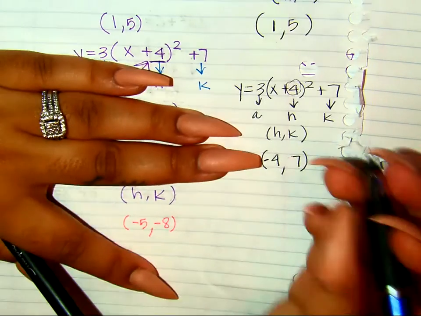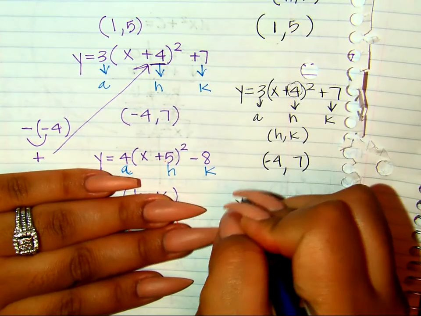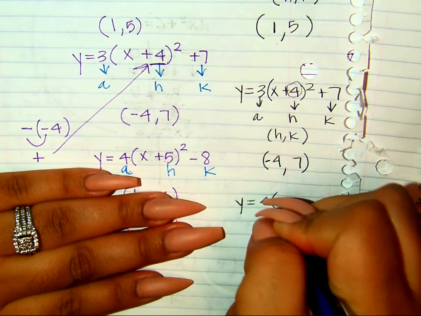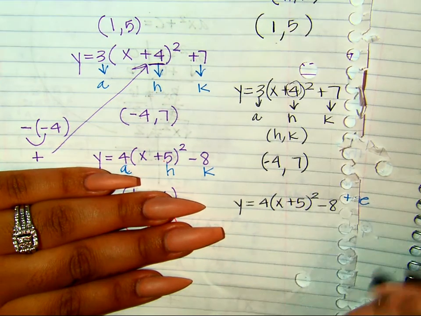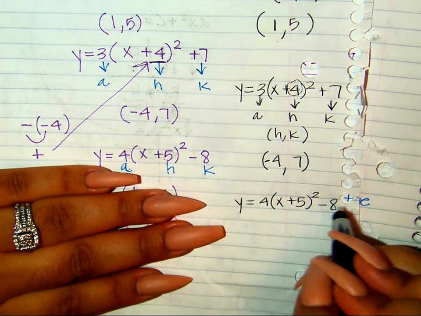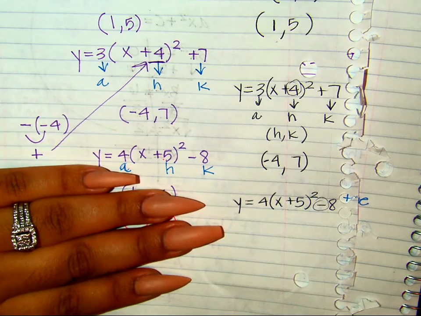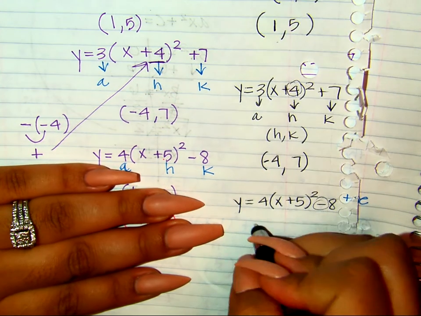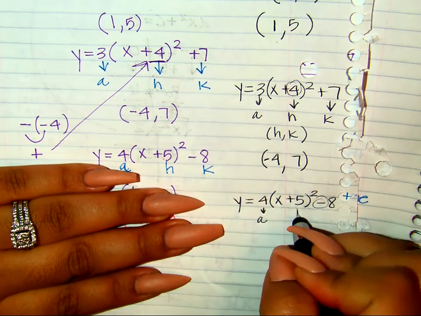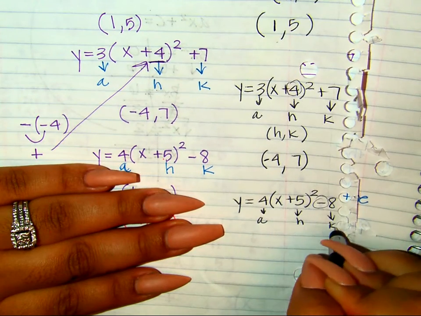All right, and last one. This one is a little tricky because look here. That's a -8, right? In the formula, it says it's a +8. This is a, this is h, this is k.